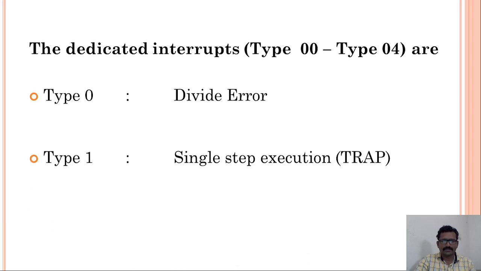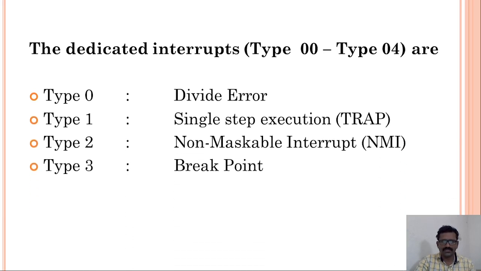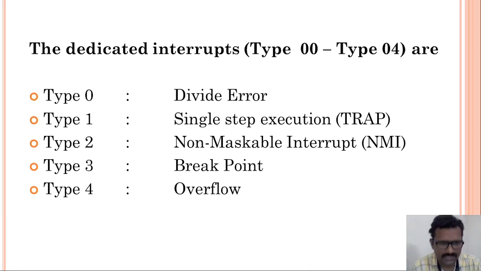There are 5 dedicated interrupts: divide by 0, single step, non-maskable interrupt, type 3 breakpoint, and type 4 overflow interrupt. Among these, the divide by 0 interrupt, type 0, has the highest priority among all the interrupts of the 8086 microprocessor.